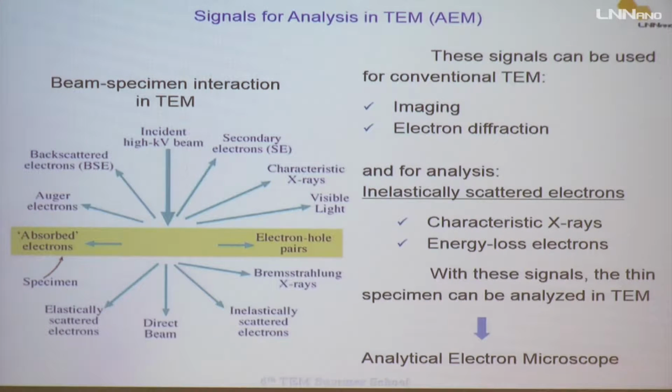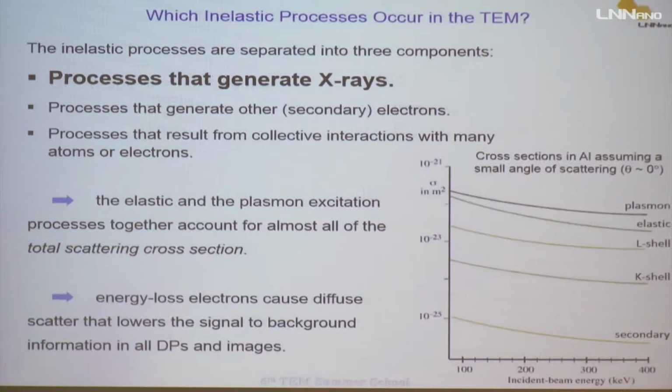The idea is that by having these spectroscopic techniques, we change the instruments from just imaging, high-resolution imaging and so on, the structural characterization, to chemical, elemental determination of your material, okay? With a lot of spatial resolution also.